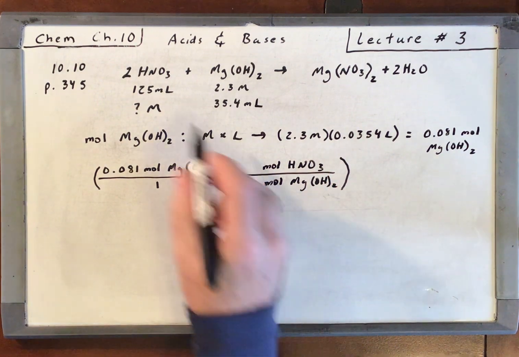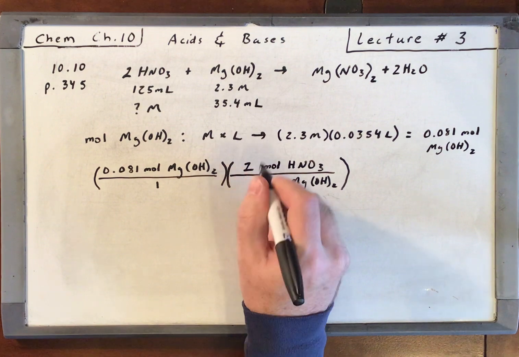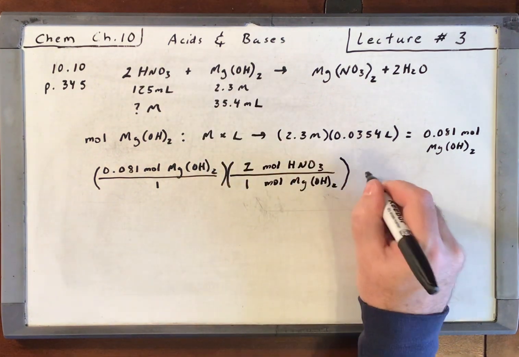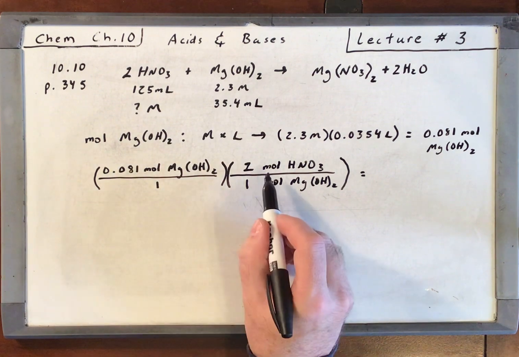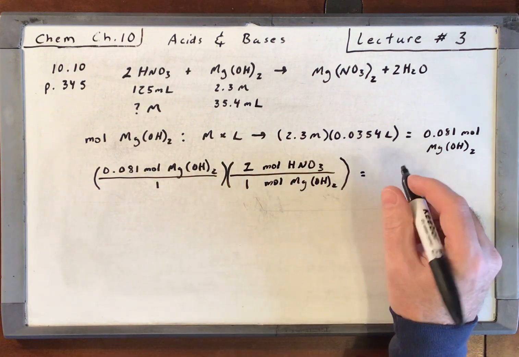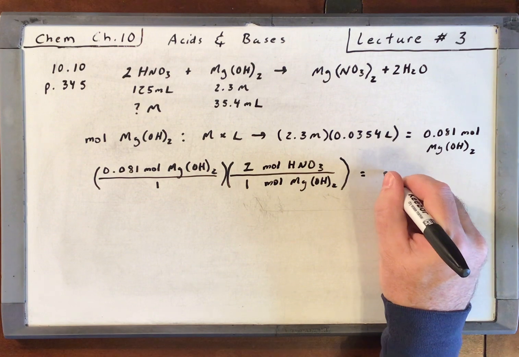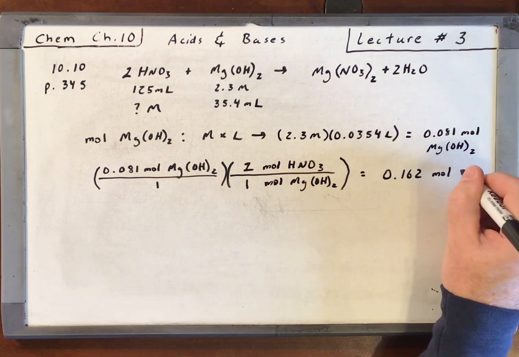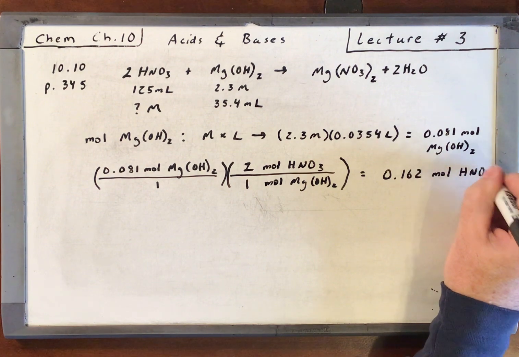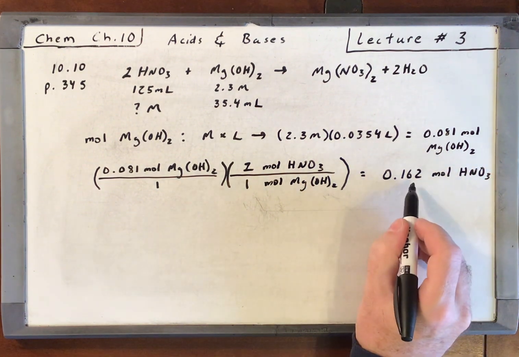Use the coefficients. Got a 2, got a 1. So we're going to multiply 0.081 times 2. That's 0.162 moles of nitric acid. That is not the answer, but we need that to get the answer.